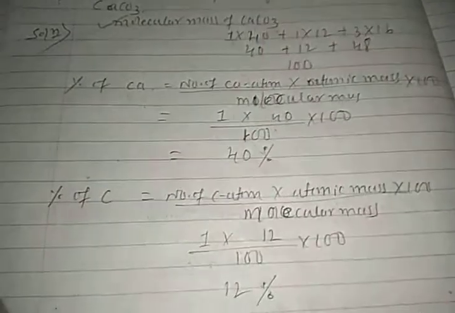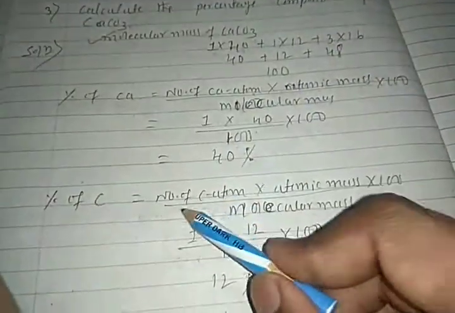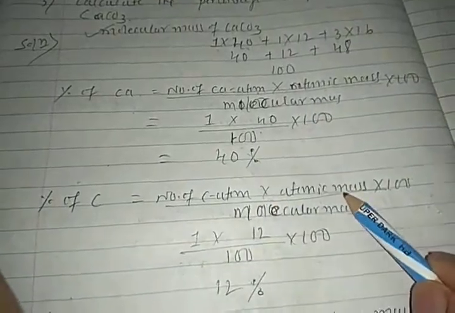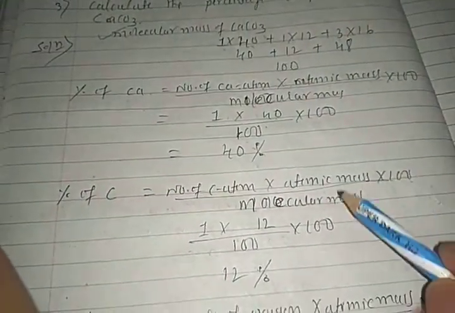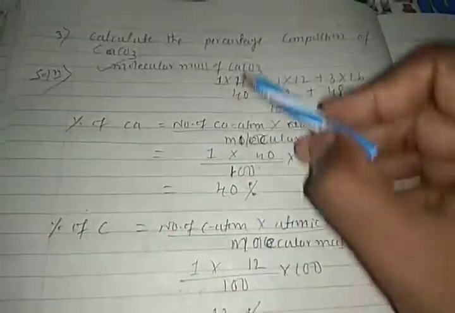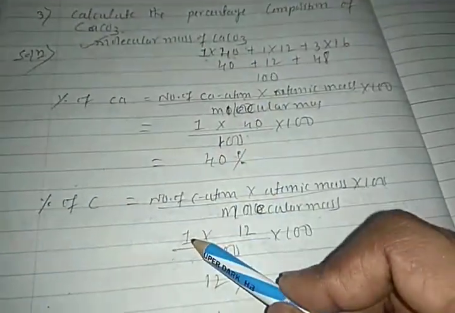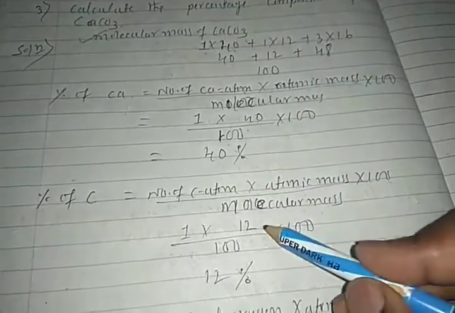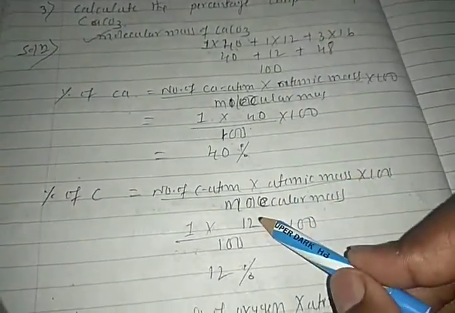Next, percentage of carbon: number of carbon atoms into atomic mass of carbon into 100 by molecular mass. How many carbon atoms are present here? One carbon. Atomic mass is 12. The 100 gets cancelled. 12%.